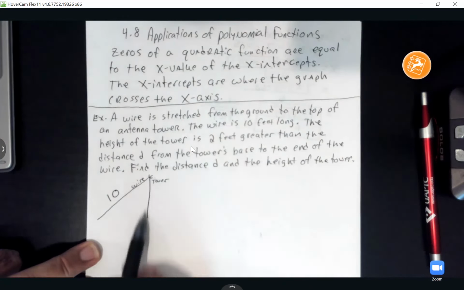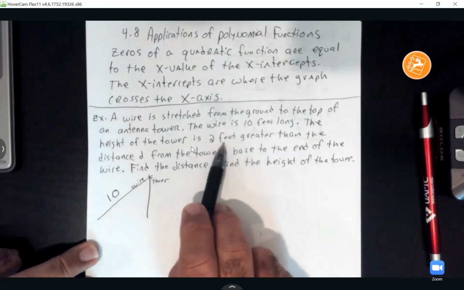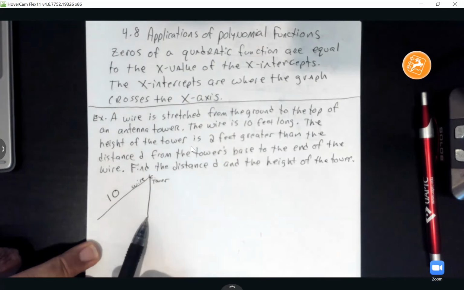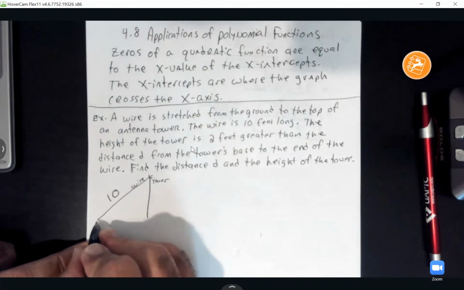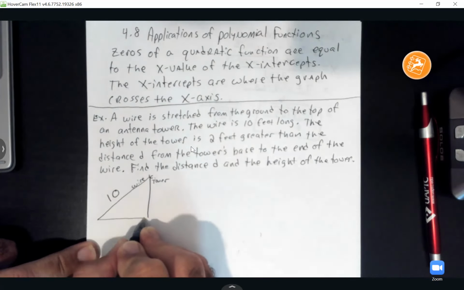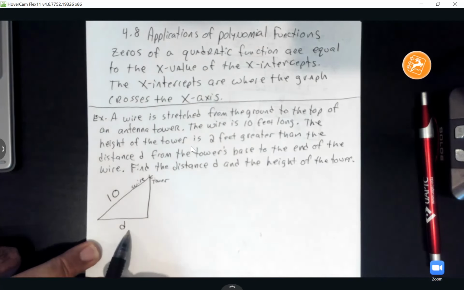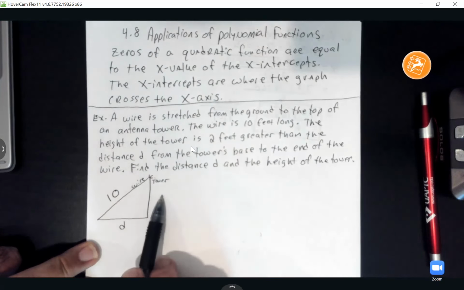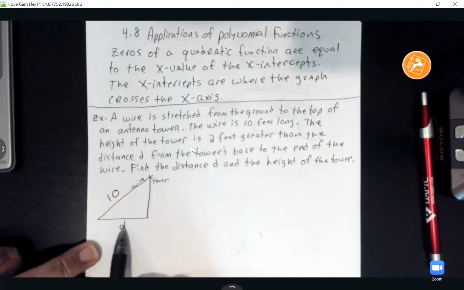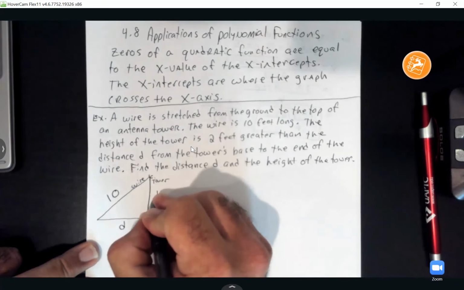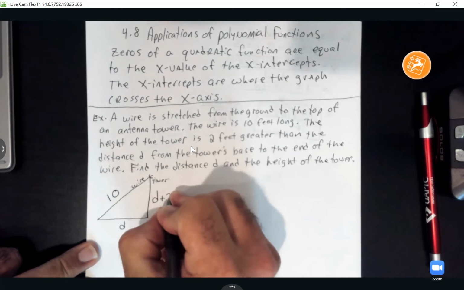Then it says the height of this tower is 2 feet greater than the distance D from the tower's base to the end of the wire. So this right here, we don't know how long that is, but they're calling that D. So if this distance is D and this tower is 2 feet greater than that distance, to represent this side, I'm going to call this D plus 2.